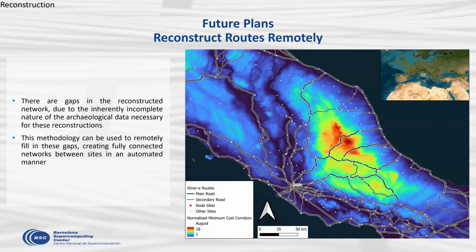And you can see down here as well, there's a route here. Again, the exact route that these take in the model isn't the main important thing. It's the cost between them. So we can fill in the gaps in these networks and then have actual costs between every single site without having to have archaeological data for how you got from A to B. We generate this and this is the cost from A to B.